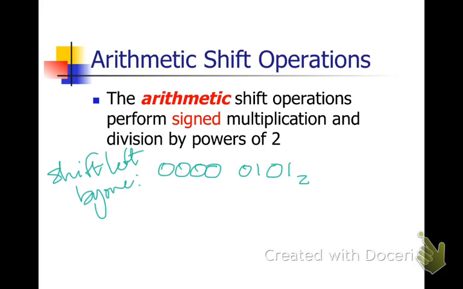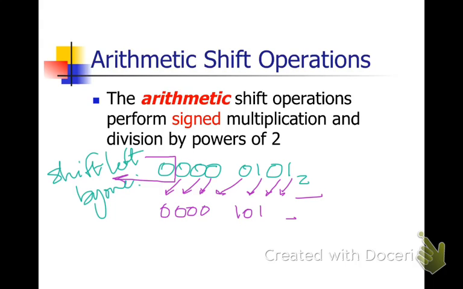So 1 bit is going to go away. That one goes. Everything else shifts over. And I've got a trailing bit that's opened up. So 0, 0, 0, 0, 1, 0, 1.